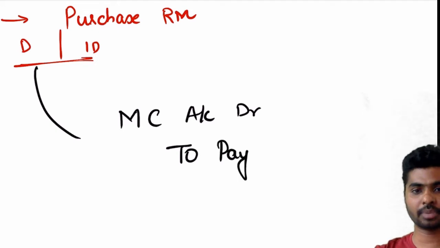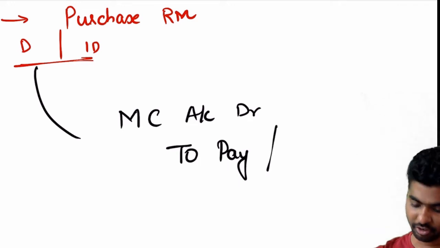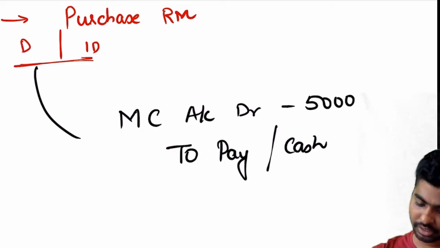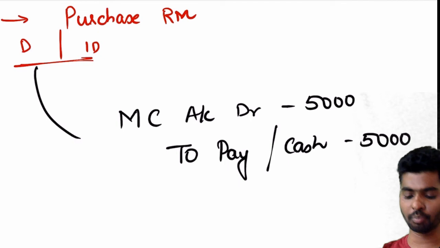When will you write payables? Only when you have not paid money. If you have paid money, you will write it as cash account. You'll write the amount, whatever you would have paid, on both sides. Clear?